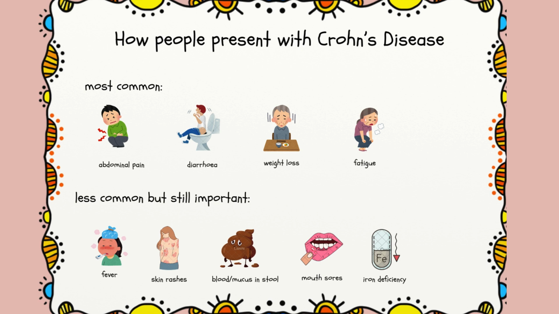Symptoms that are less common but still important to know include mild fever and skin rashes. People may find mucus or blood in their stool, and mouth sores. Some people experience some degree of iron deficiency. This is due to the impaired normal intestinal function.